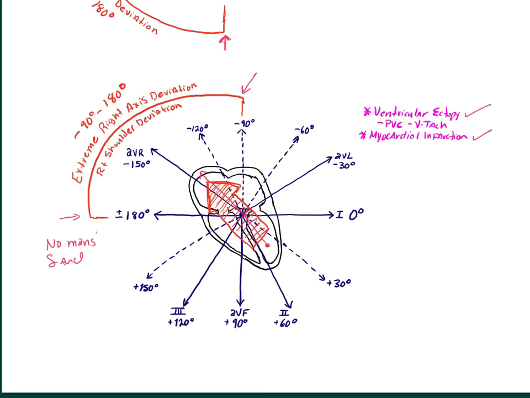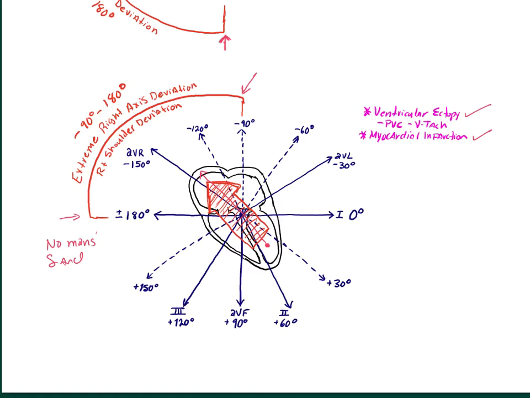Now, this is not always the case, but if you see a tachycardic rhythm that has extreme right axis deviation, that supports a VTach hypothesis a little more. So you can use axis as a way of zeroing in on VTach versus SVT in some cases. It's not always the case, but it does give you some degree of evidence. You guys okay with that?